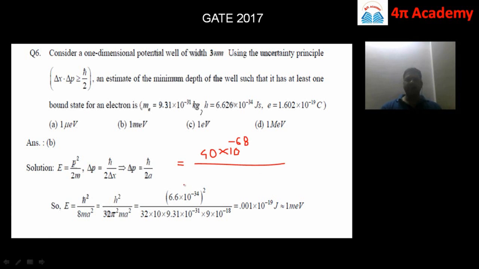And this is divided by 32 into 10, that is pi square, this 10. Then 9.31, for this also I take this roughly as 10 into 10 raised to power minus 31, multiplied by, again I take this 9 as roughly 10 into 10 raised to power minus 18.